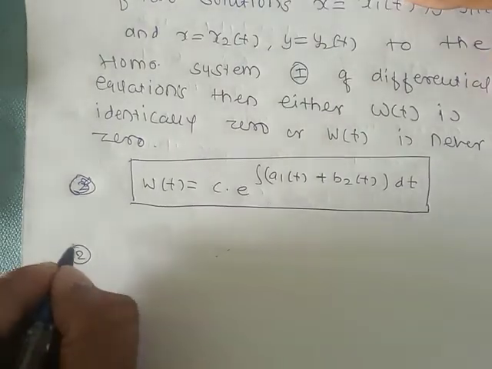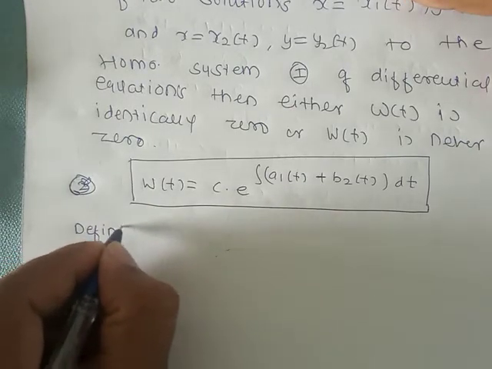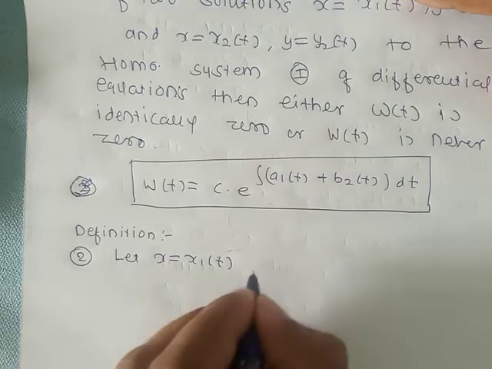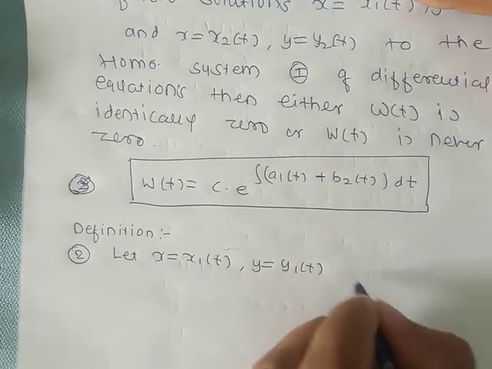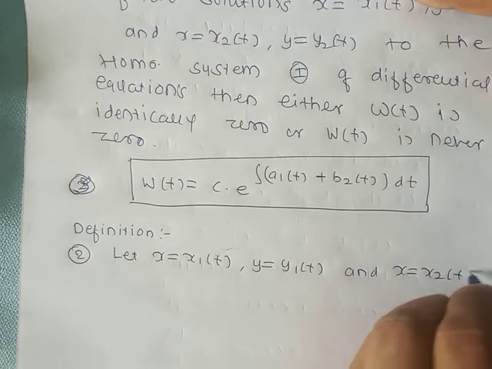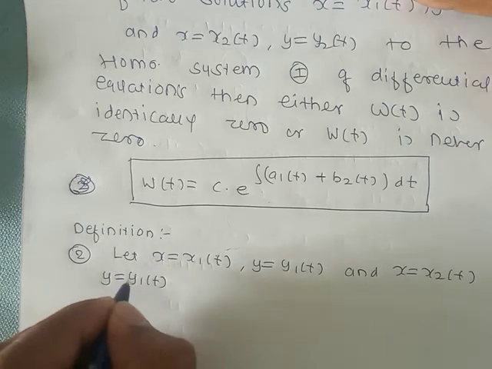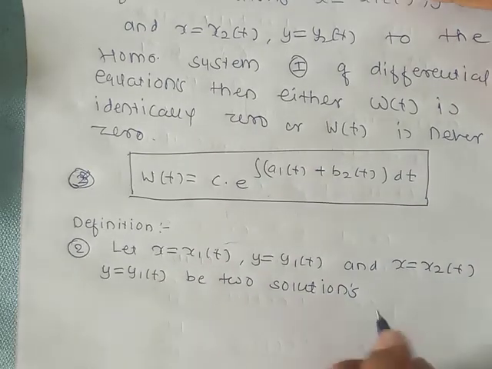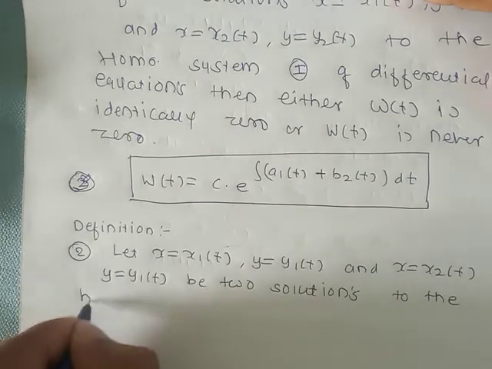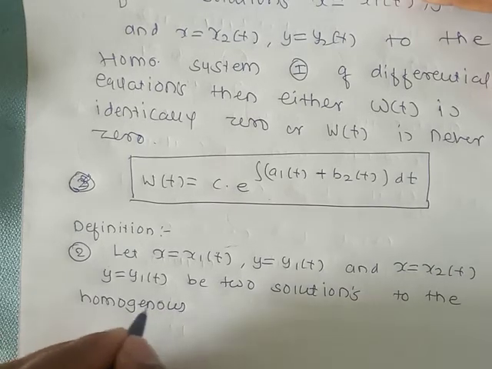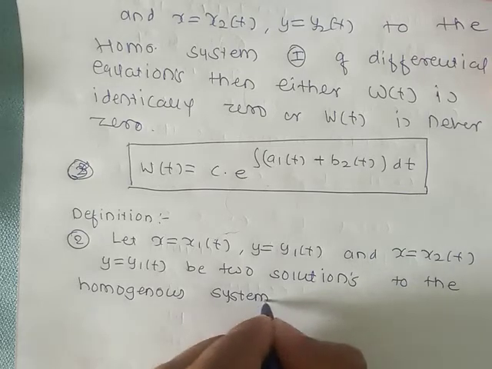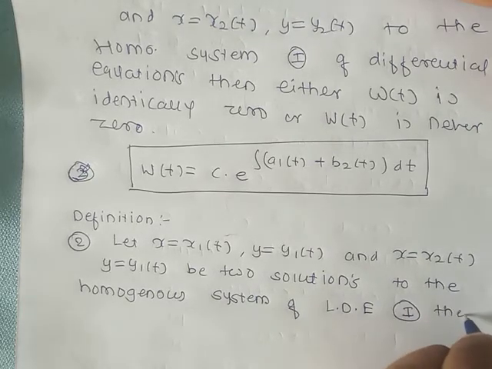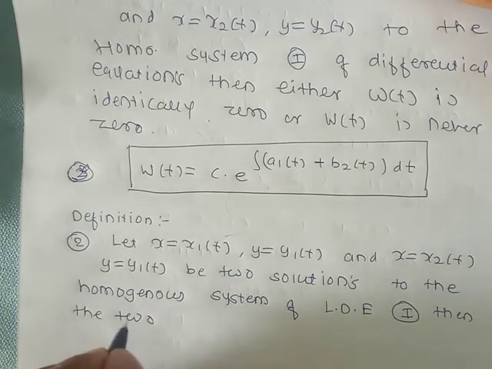Next, we can say the definition. Let x is equal to x1 of t, y is equal to y1 of t, and x is equal to x2 of t, y is equal to y2 of t be two solutions to the homogeneous system of linear differential equation 1.